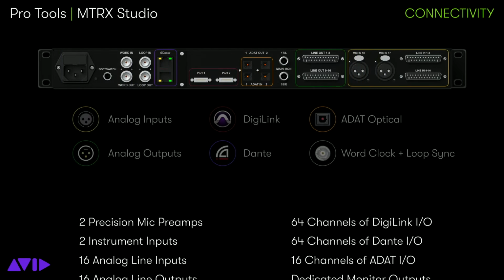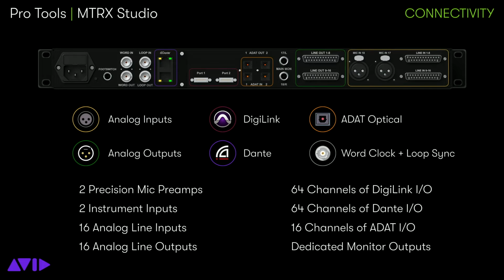Let's dig into it a little bit, kind of show you what's up there. As I said, IP audio, 64 channels of Dante, 16 analog line inputs, 16 analog line outputs, 2 precision mic preamplifiers, 2 instrument inputs, 16 channels of ADAT I/O, dedicated monitor outputs in addition to the 16 analog line outputs.